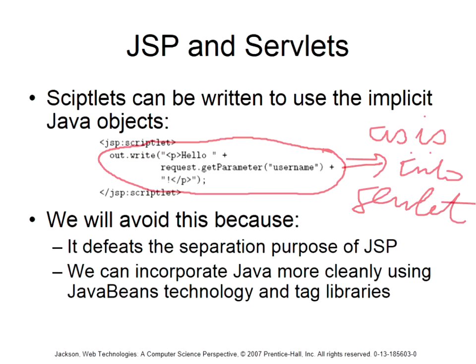So when the Tomcat server finds a GSP scriptlet like this, it extracts the content of the GSP scriptlet and copy-pastes it into the generated servlet.